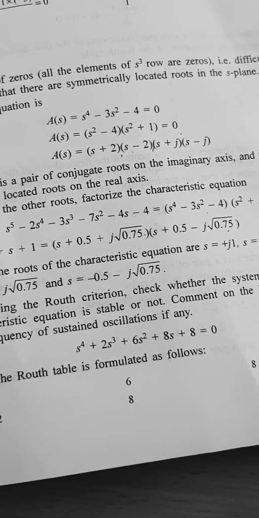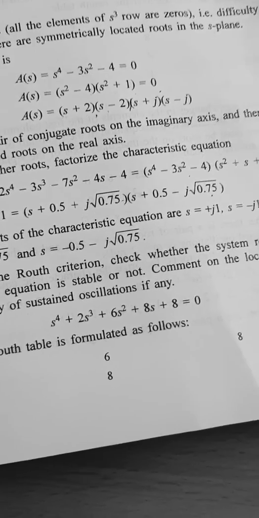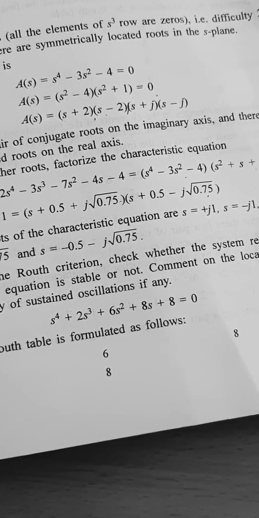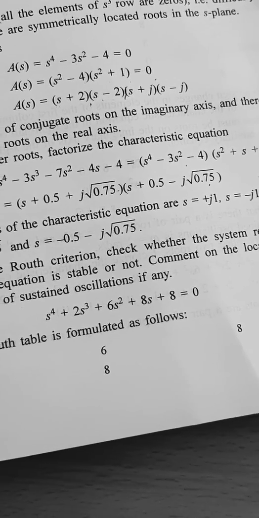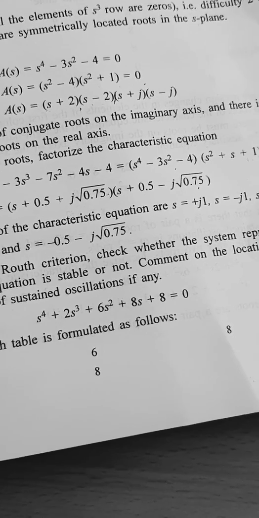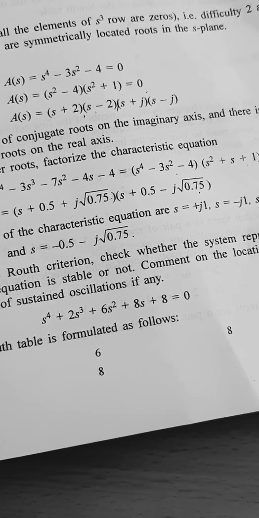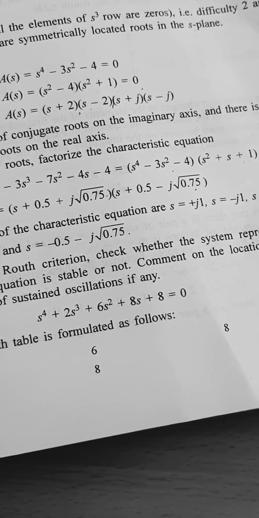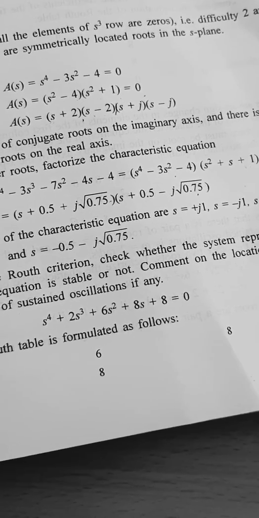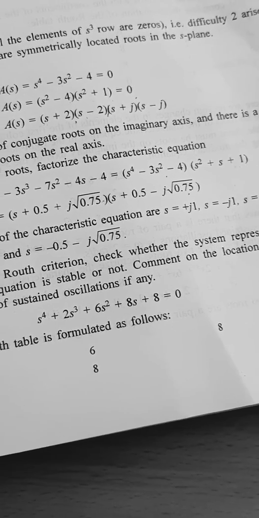You know that sustained oscillation happens only when there are pairs of non-repeated poles on the imaginary axis. For example, plus or minus j1, plus or minus j2, and that is a non-repeated pair of roots.